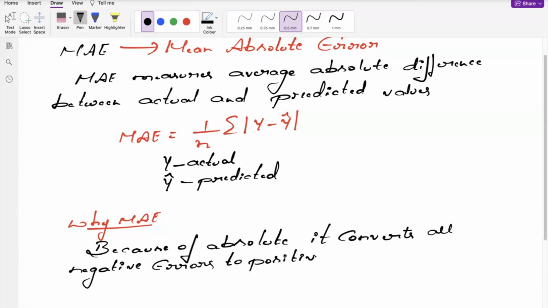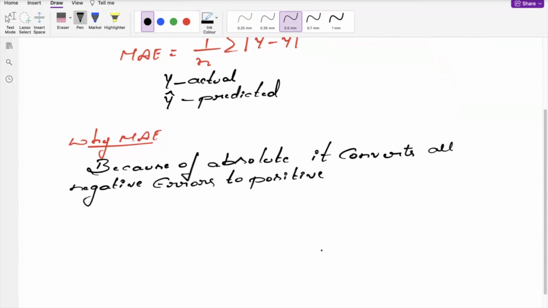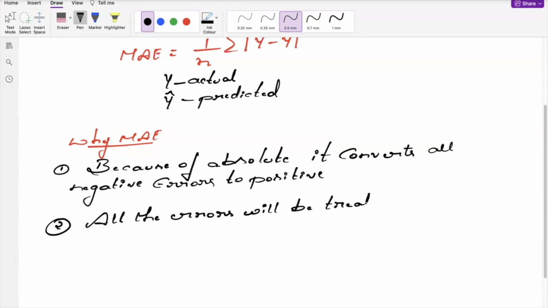So what interpretation do you usually get by calculating this mean absolute error? Here, all the errors will be treated equally. Since it's just an absolute difference, we are not adding any extra penalties to larger errors, so everything is treated equally.